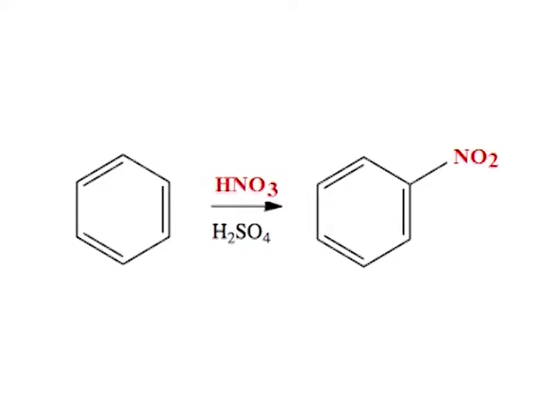For example, in nitration of benzene with a mixture of concentrated nitric acid and concentrated sulfuric acid, the electrophile nitronium ion substitutes a proton from the aromatic ring. The mechanism proceeds through two basic steps.